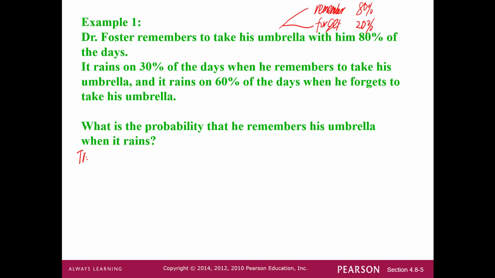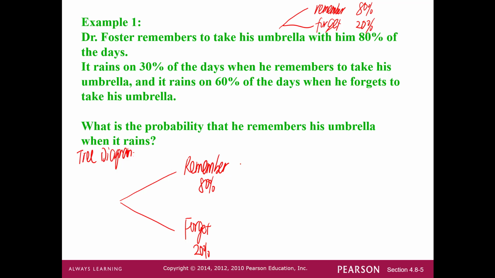This tree diagram is very useful in terms of understanding this. First of all, we break down whether he remembers to bring his umbrella or forgets to bring it. 80% of the time he remembers, 20% of the time he forgets. When he remembers his umbrella, 30% of the time it rains, and otherwise it does not rain.